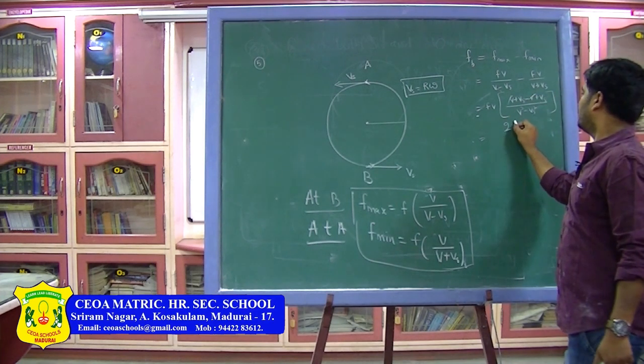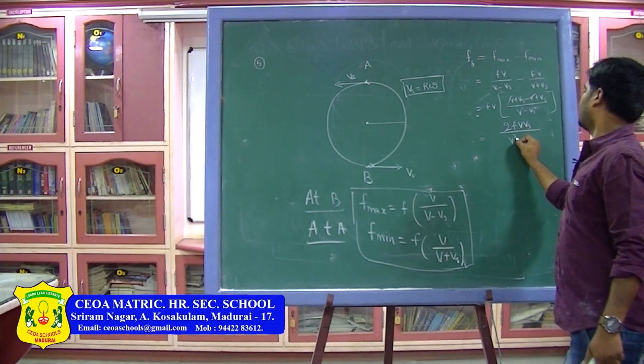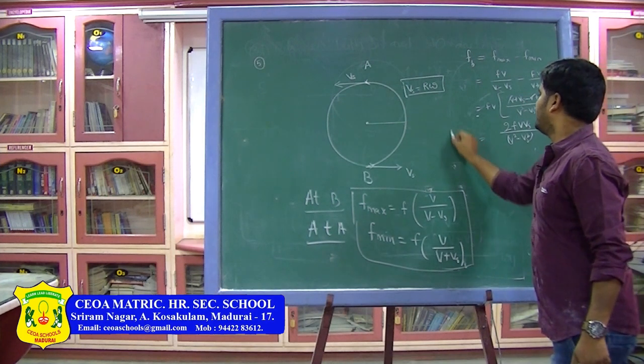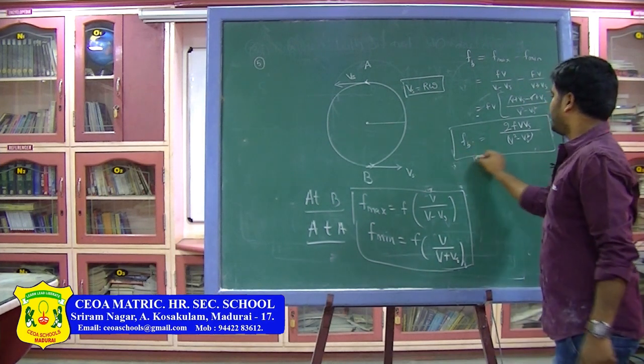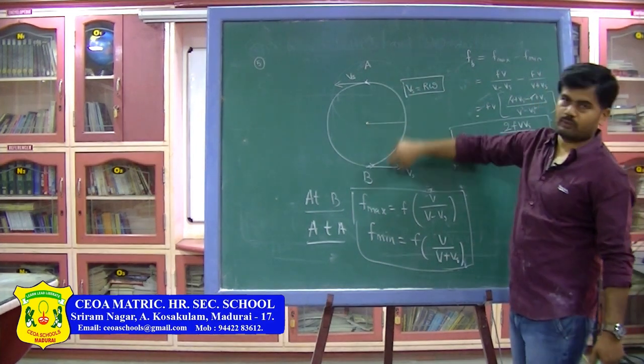So it is 2fV Vs divided by V square minus Vs square, which is the beat frequency, that is, the number of beats per second possible when these two frequencies are sounded together.